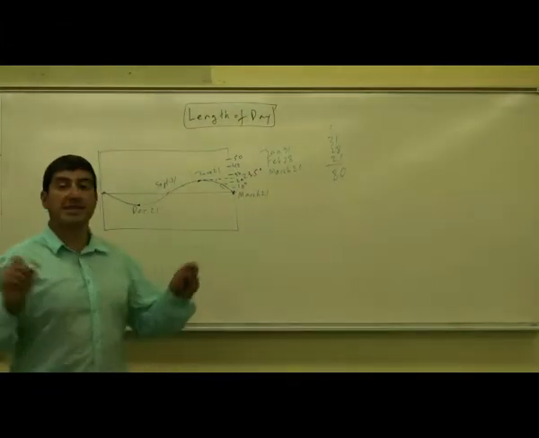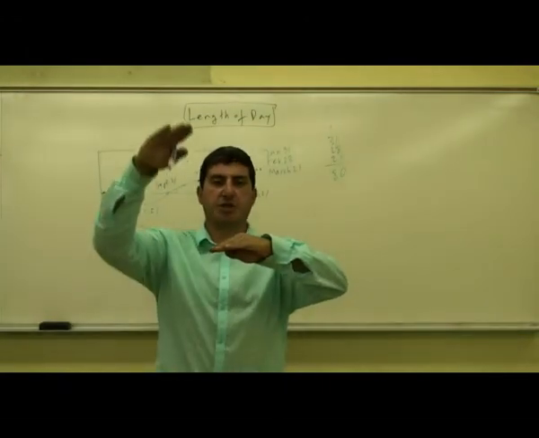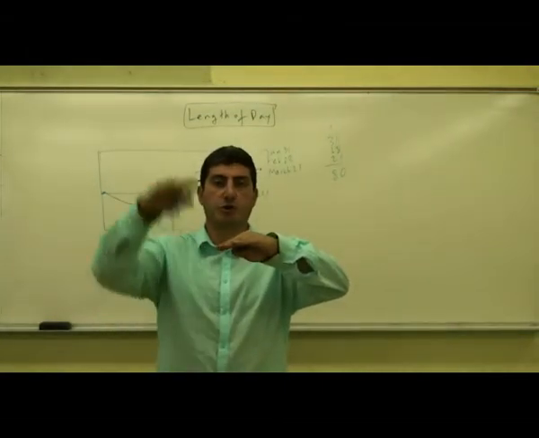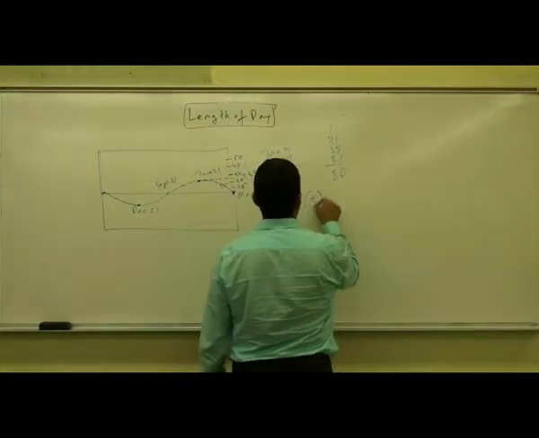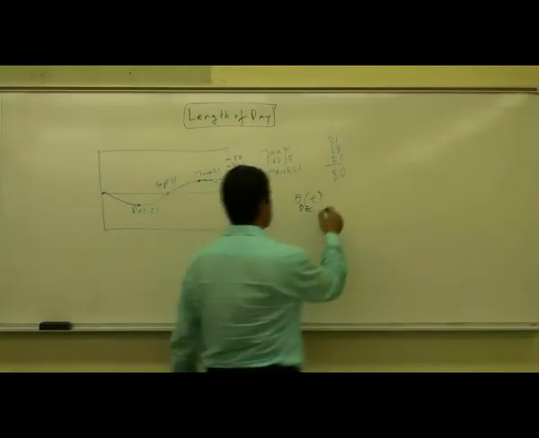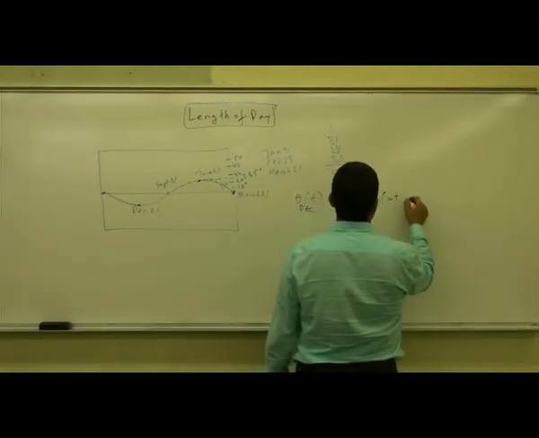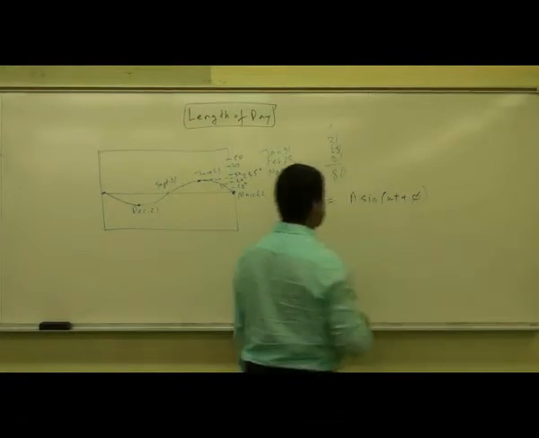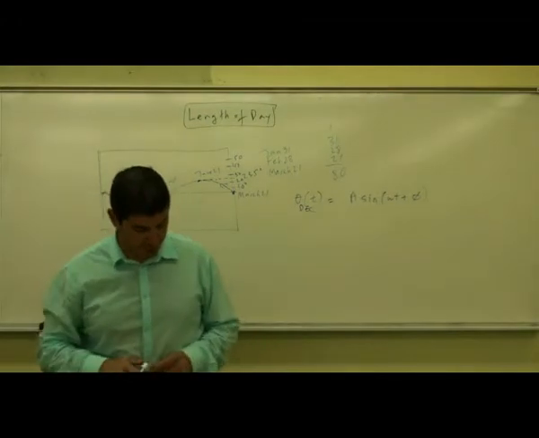So the declination of the sun is the vertical position in the sky above and below the celestial equator. So theta of t, the declination angle of the sun as a function of time, is equal to some amplitude times sine of omega t plus phi. This is the general form of any sine function.